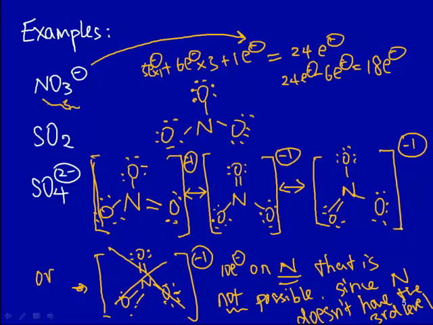Okay, so let's proceed with the rest of the 2. The next one will be SO2, sulfur dioxide. I'm going to jump some steps in terms of writing the Lewis structure. I can tell this is going to be 1, 2, 3, 4, 5, 6, and 1, 2, 3, 4, 5, 6.